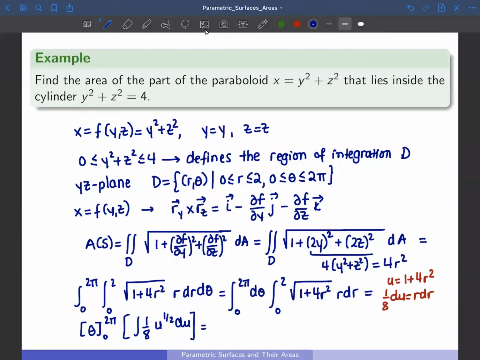So that is equal to 2 pi for theta. And then we have 1/8, which we can pull outside the integral, and the integral of u to the 1/2 will give us 2/3 u to the 3/2. U to the 3/2 is equal to (1 plus 4r squared) to the 3/2, evaluated between 0 and 2.